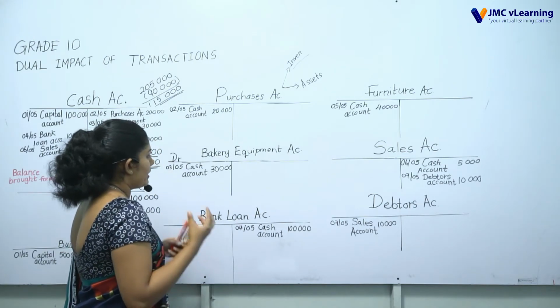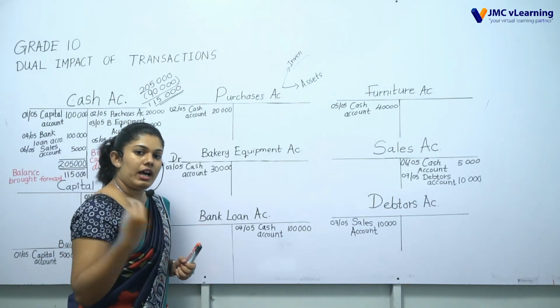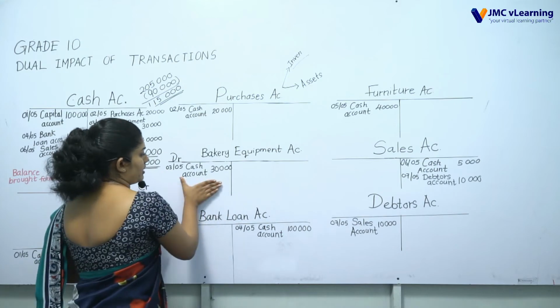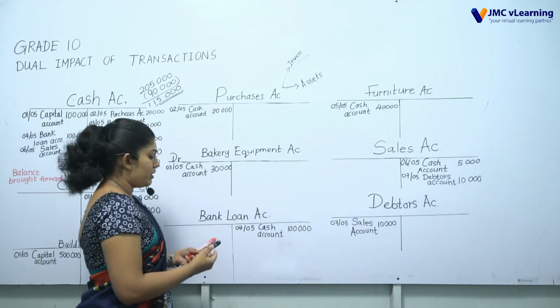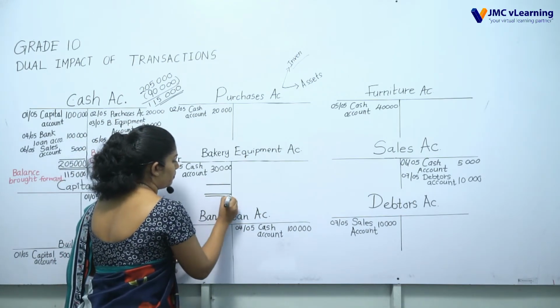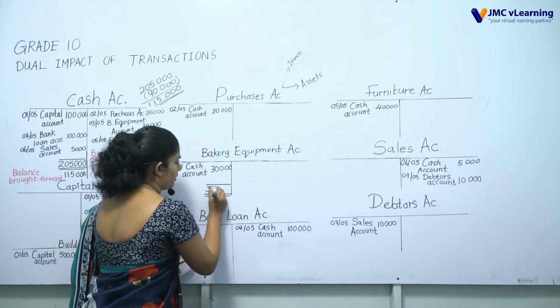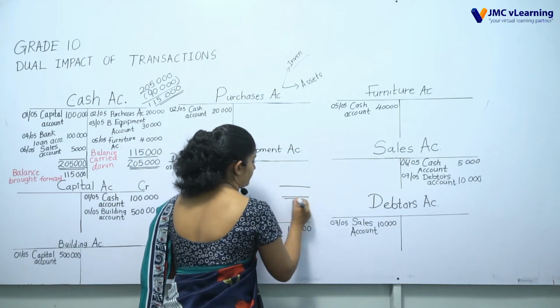So, what is the highest amount? Which side carries the highest amount? This side, 30,000, because this side is 0. So, we have to take this 30,000 to both sides. 30,000, 30,000.